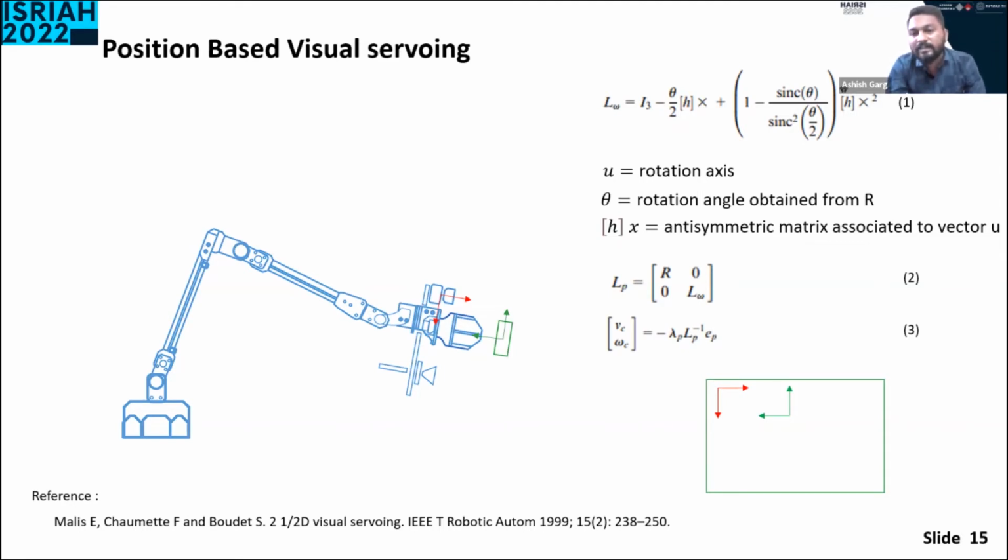This mapping matrix can be calculated from equation number 2 and equation number 1. The first three rows map the linear velocity, and the other three map the angular velocity. This is a symmetrical matrix, so we can directly find the inverse. This reduces the computational expense of the algorithm.